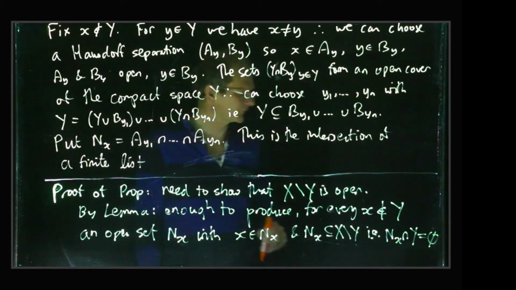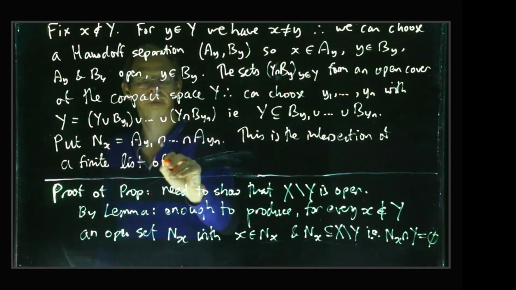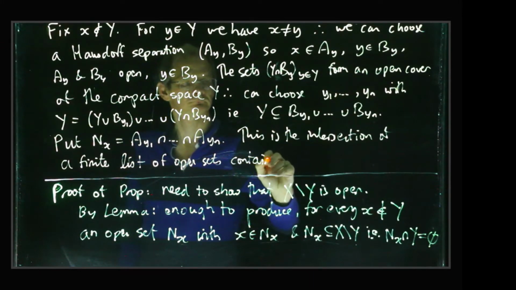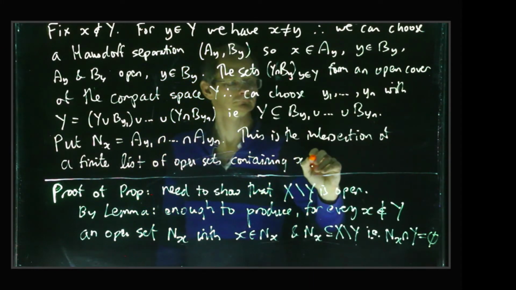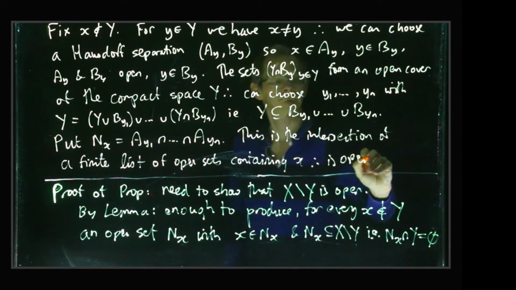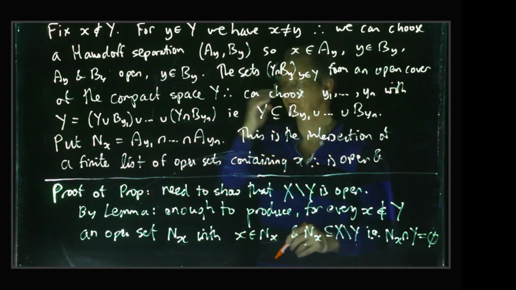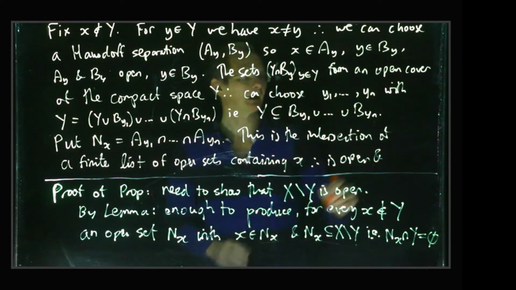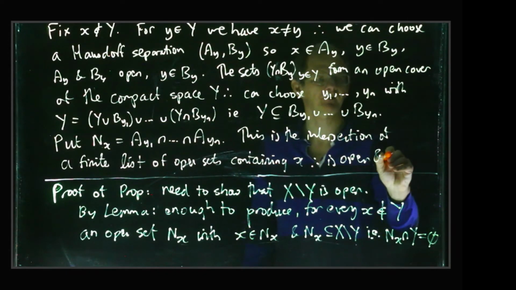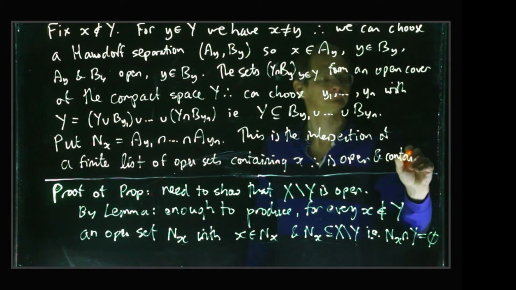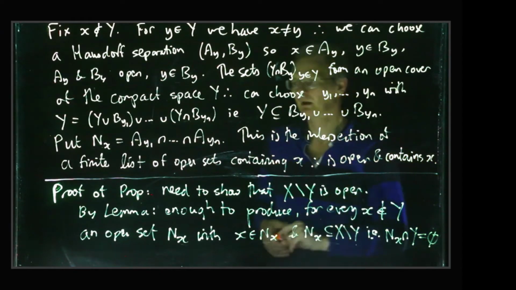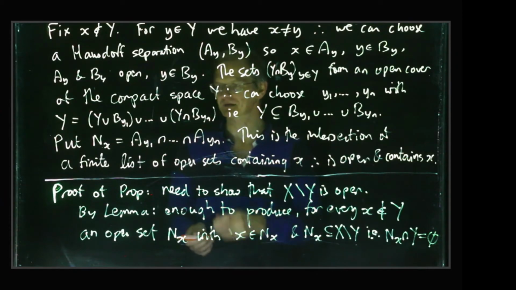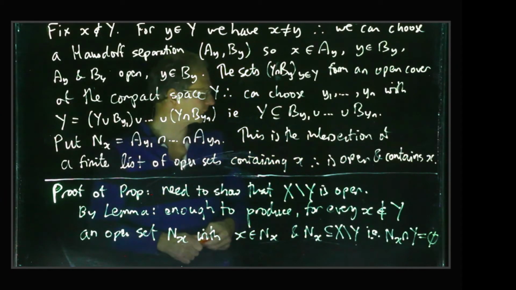So this is the intersection of a finite list of open sets, and remember, one of the axioms for topology, the intersection of any finite list of open sets is still open, and each of these contains x, so the intersection also contains x. Okay, but remember, Nx was supposed to be disjoint from Y, so that's the thing we need to check, that this Nx is disjoint from Y.